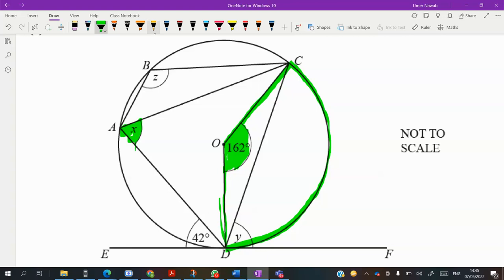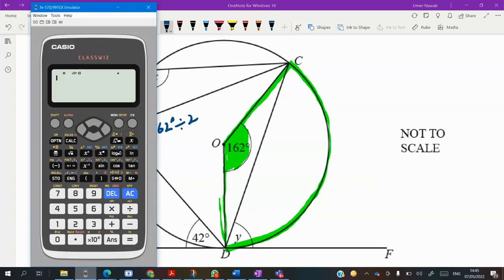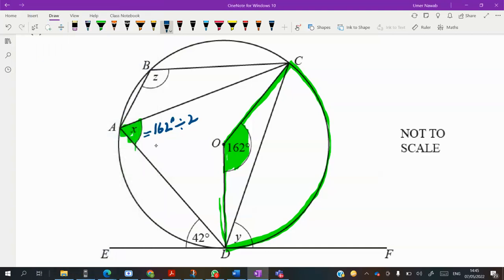Everyone knows the relationship between the central angle and angle at the circumference. The angle at the circumference is always half. So 162 divided by 2 gives you 81. So this angle is 81, right?